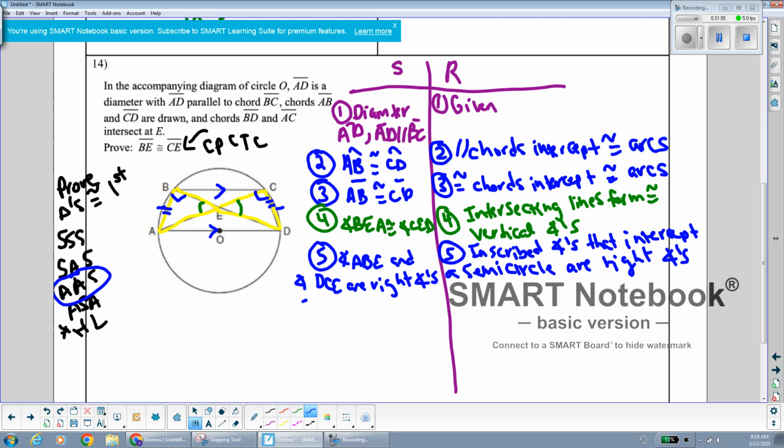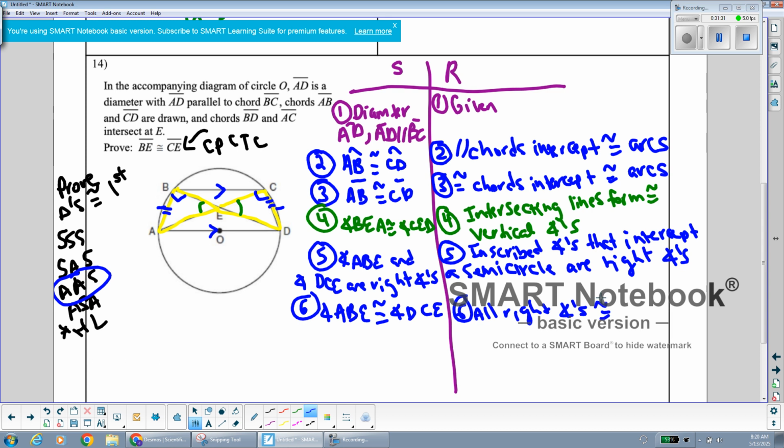And then we do just need to say that they're congruent, because we're using AAS and we're using the right angles as one of our congruent angle pairs. So then I'm just going to say angle ABE is congruent to angle DCE. And I'm going to put here: all right angles are congruent.